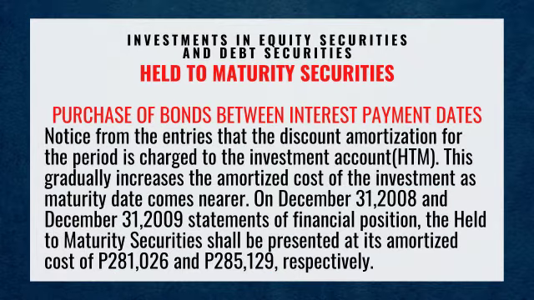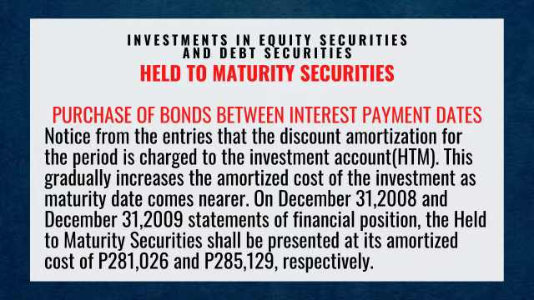Notice from the stated entries that the discount amortization for the period is charged to the investment account or HTM. This gradually increases the amortized cost of the investment as maturity date comes nearer.